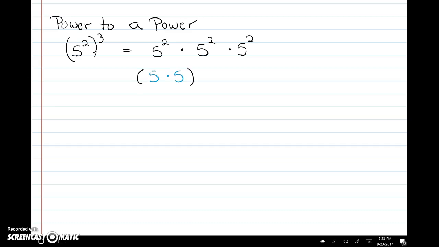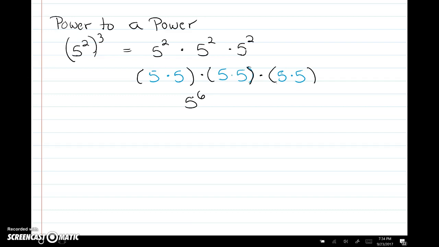So I really have 5 times 5 times 5 times 5 times 5 times 5. Well, how many 5s do I have? Let's count. 1, 2, 3, 4, 5, 6, which can be written as 5 to the 6th.